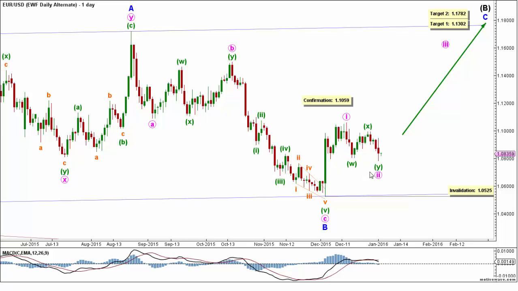This count expects the euro to continue moving towards the upside in minor wave C to complete intermediate wave B.